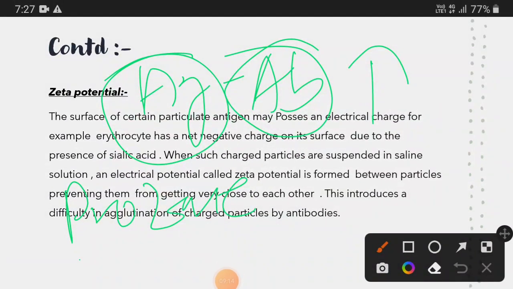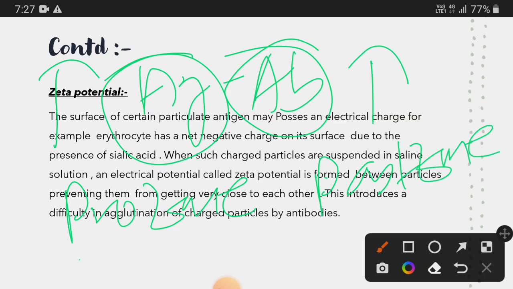Okay, and if antigen is in excess amount, there will be again inhibition of agglutination and it will be known as post-zone effect. One is pro, which is in case of antibody, another one is post, which is in case of antigen.